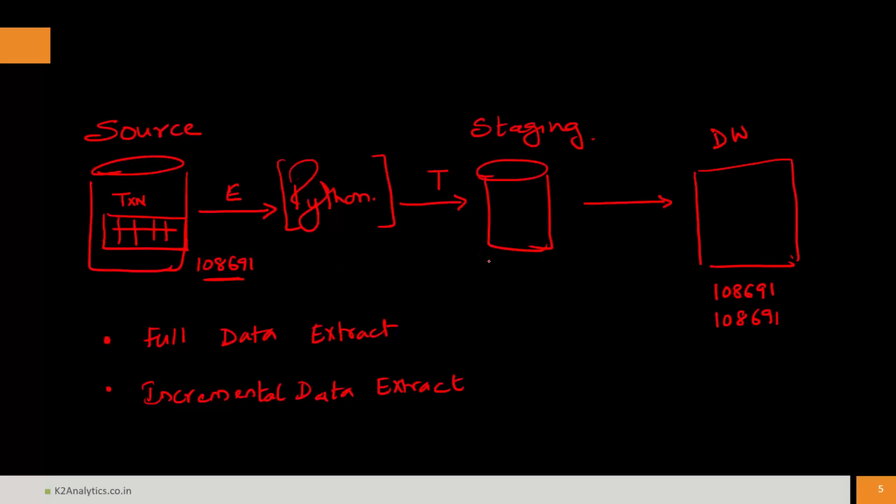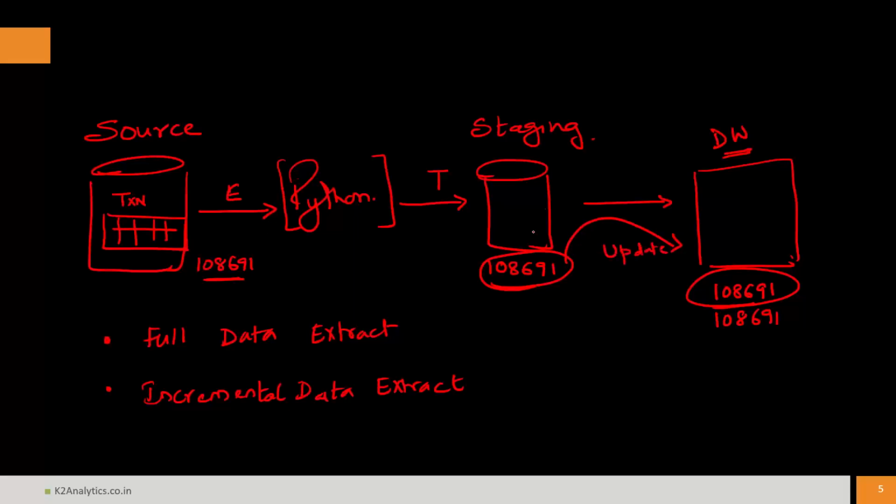So in the staging area, we will have this record, and this staging area will also be some database, just like the final warehouse. From here, you will see whether this record already exists. If it exists, you will do update.